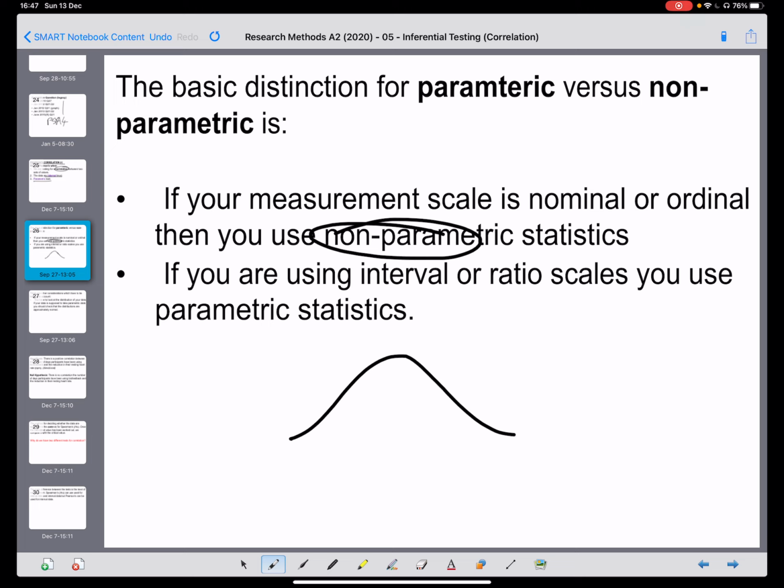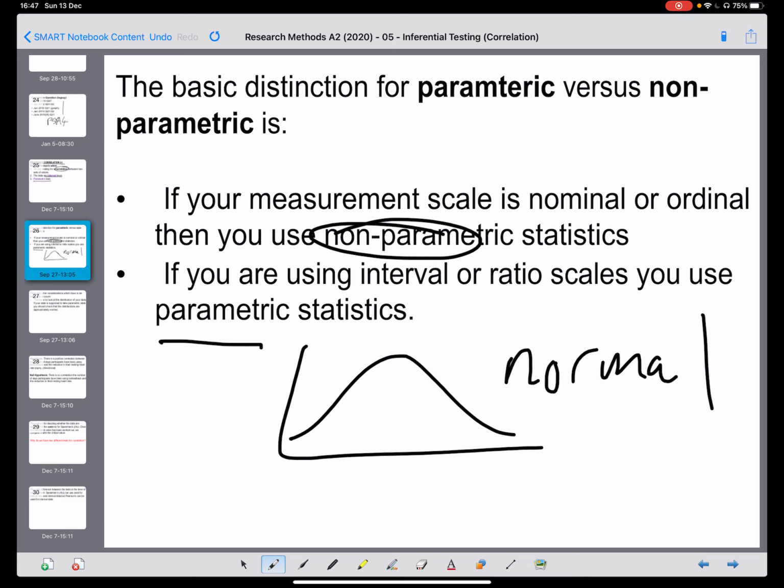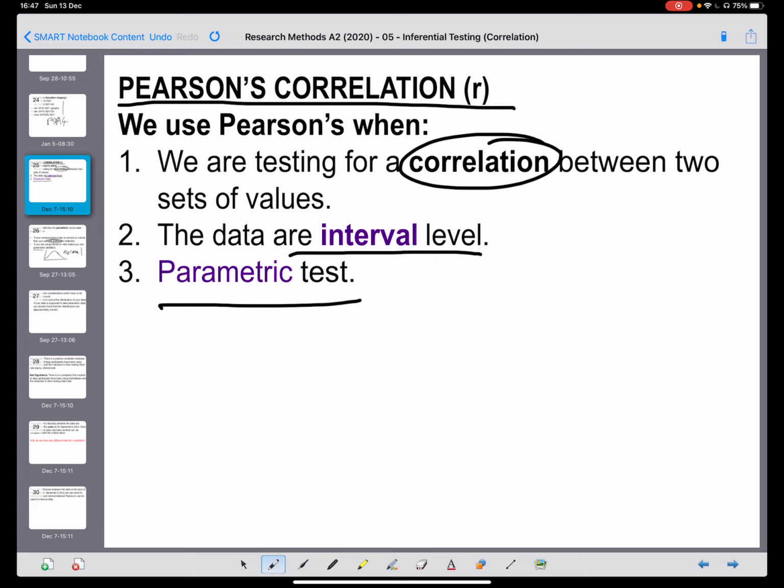But what happens if I was testing a population? Then I'd go to parametric tests, and I expect a population to have some kind of normal distribution. And if that is the case, then you're going to find that the Spearman's rho perhaps is just a little bit awkward or not powerful enough to use. And so for that case, I'd turn and use Pearson's.